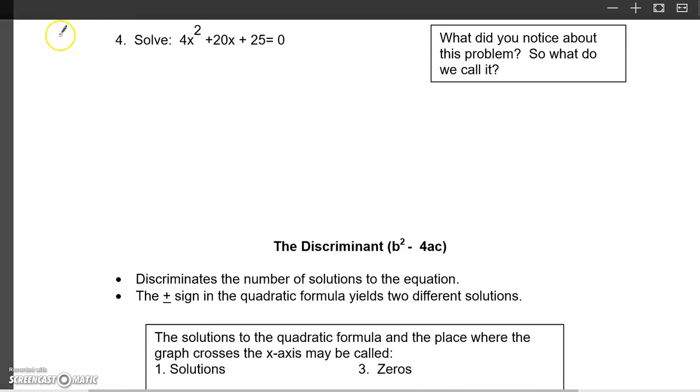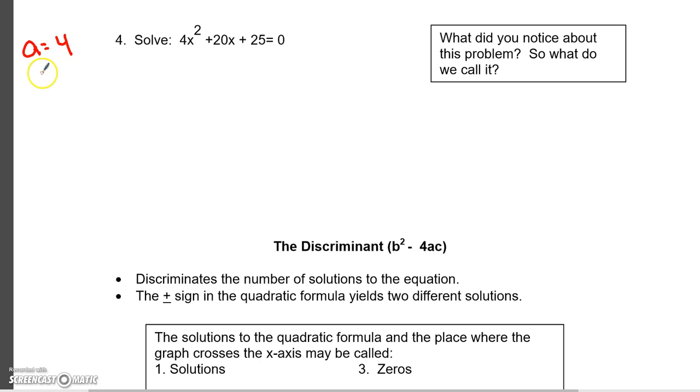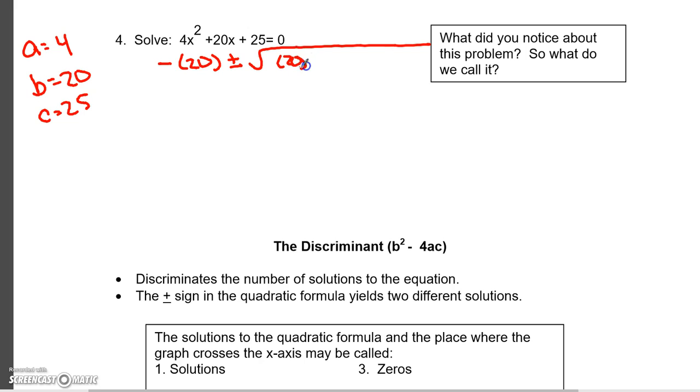Okay, so A would equal 4, B would equal 20, C would equal 25. So the opposite of B plus or minus the square root of B squared minus 4 times A times C, over 2 times A. 4 times A, that's a 4, times C, which is 25.